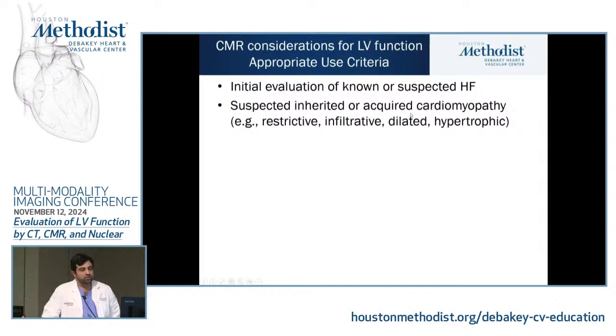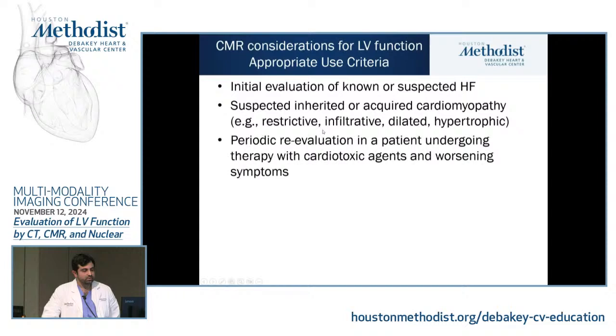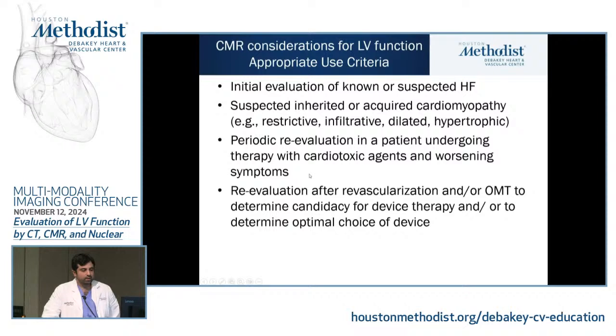An inherited or acquired cardiomyopathy that is suspected, such as HCM, dilated cardiomyopathy, and infiltrative disease, and those with cardiotoxic agent exposure, or those who require follow-up, such as those with valve disease. MRI has become almost standard of care in many institutions to follow these. But you have to keep in mind all those caveats that I mentioned about how you trace it and how you interpret the results. And then revascularization and medical therapy.